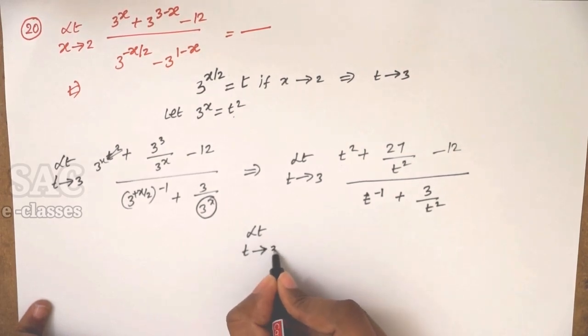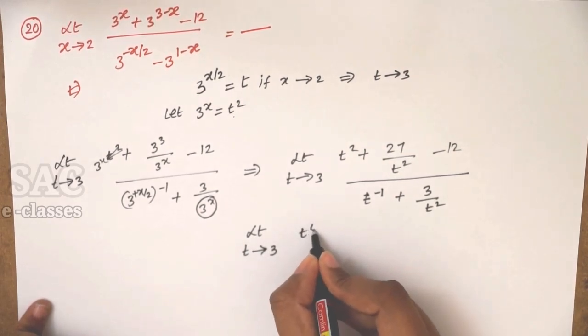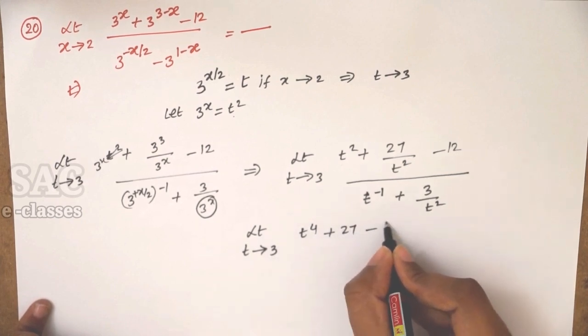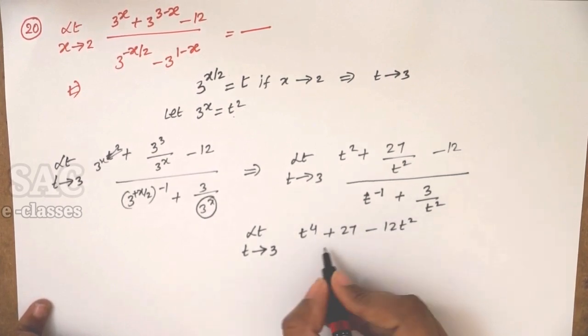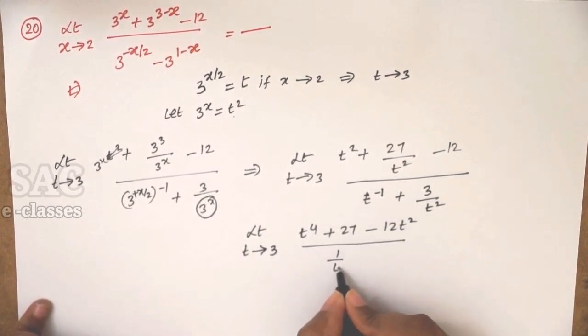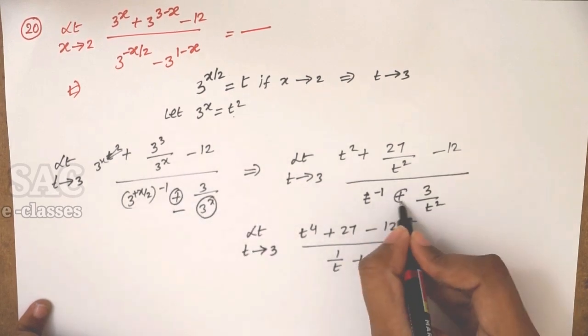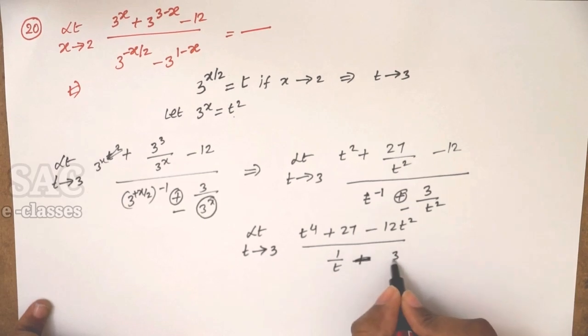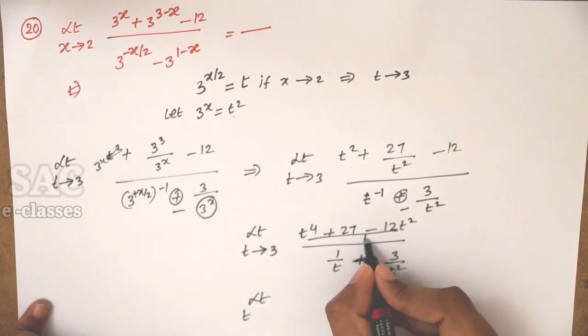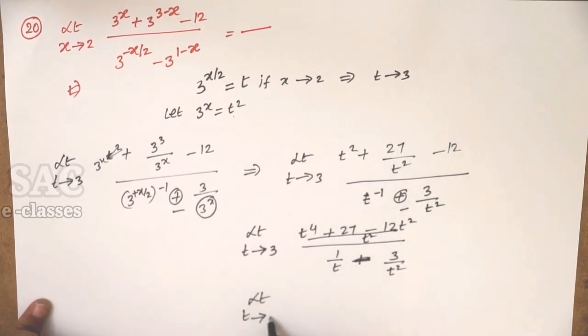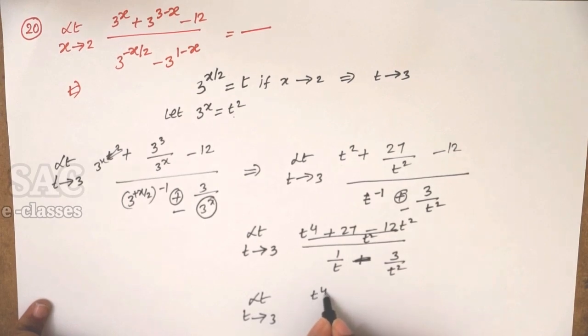Limit t tends to 3, t power 4 plus 27 minus 12t square by 1 by t plus, it's minus 3 by t square. Limit t tends to 3, t power 4 minus 12t square plus 27 by t square.